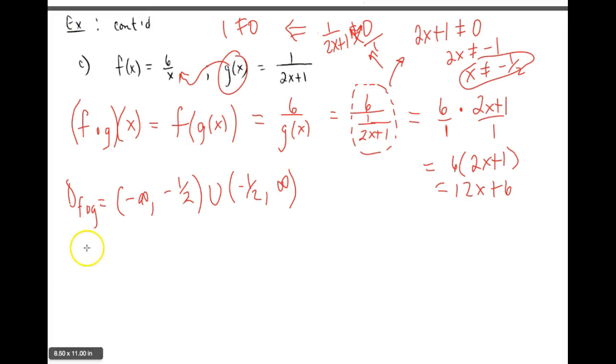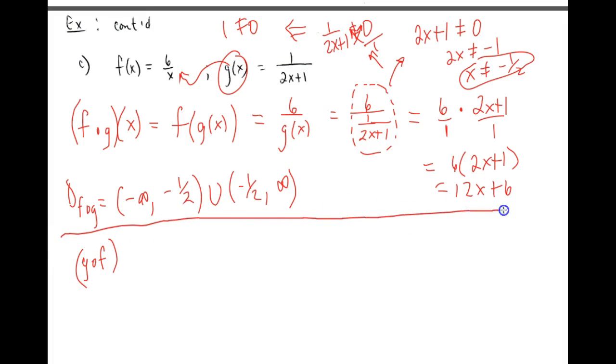So now for g of f of x, here we would write this as g of f of x, and everywhere we see x in g, we are now going to stuff f into it. To get this looking the way I want, I want to erase all of this.